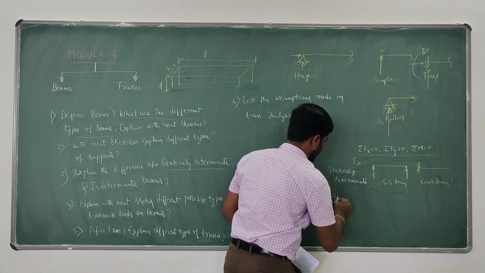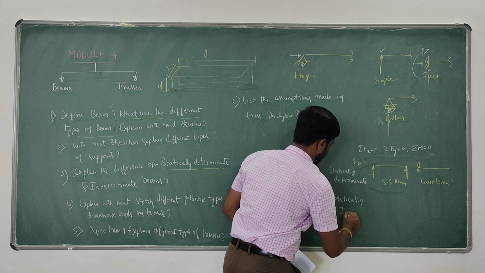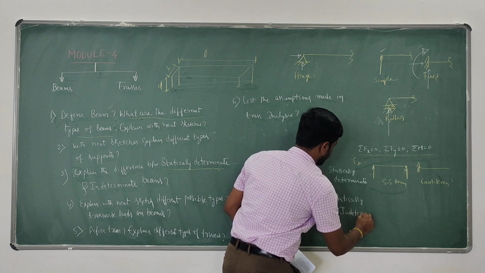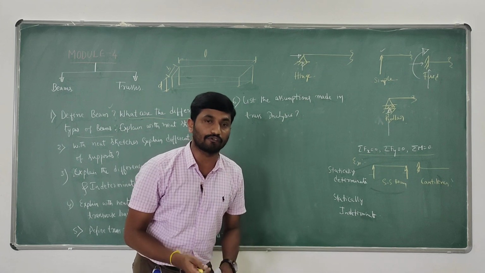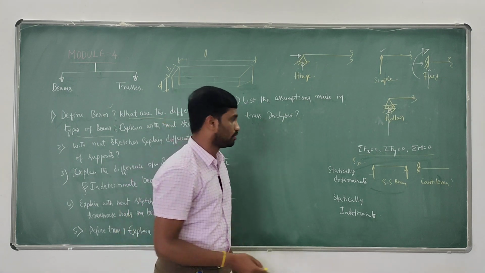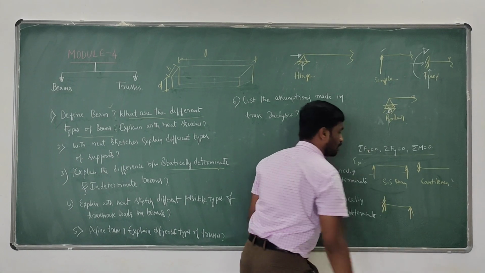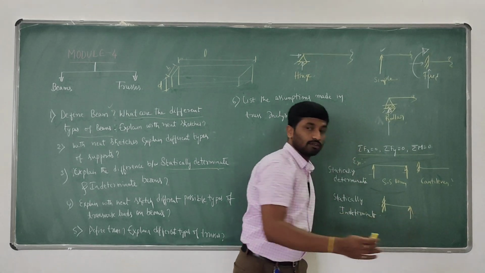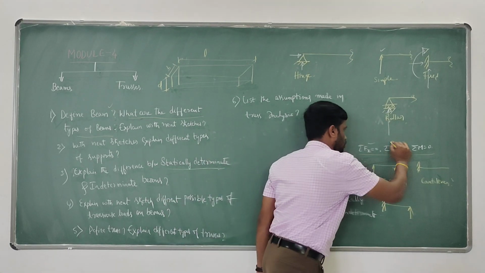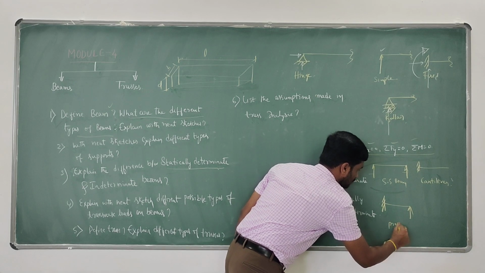The example for statically indeterminate is the propped cantilever. Fixed end has 3 reactions, the simple support 1, total 4. But available equations are only 3. Hence, this propped cantilever beam is statically indeterminate.